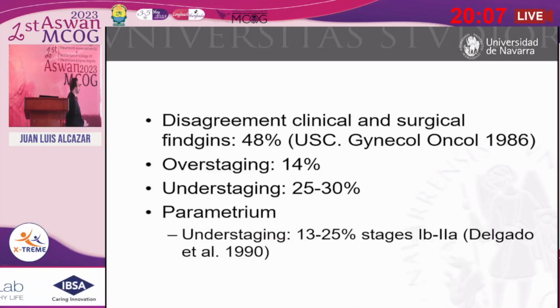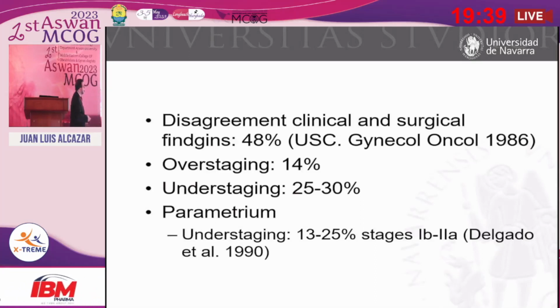But we have known since the late 80s and 90s that there is significant disagreement between the clinical and surgical findings, especially regarding the parametrium, because we can understage a significant proportion of reportedly stage 1B, and 2A.